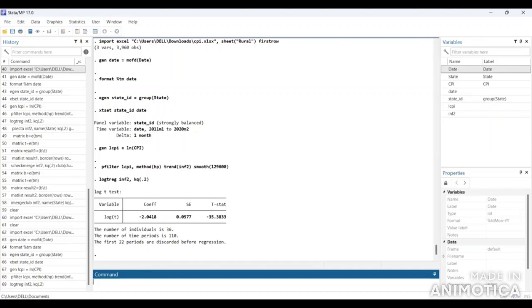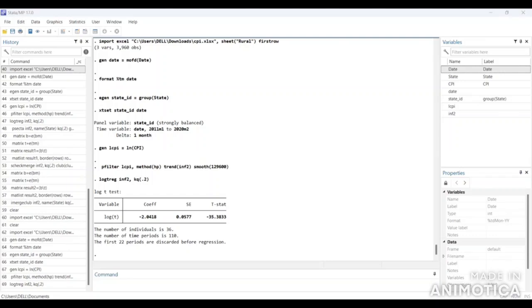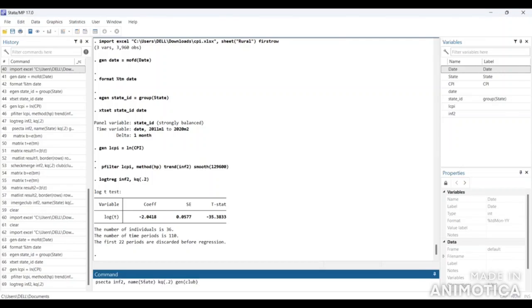For that, I'm going to run this command. I'm keeping everything the same except the log t. I'm saying that overall convergence is not happening, so what about club convergence? That's why I've written generate clubs here.